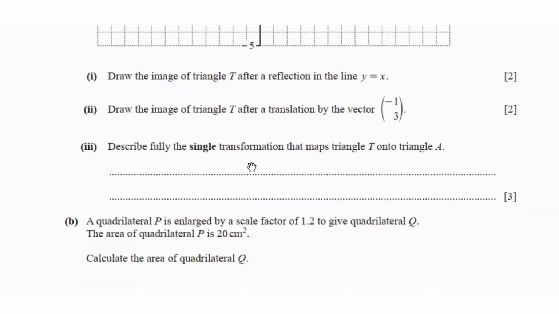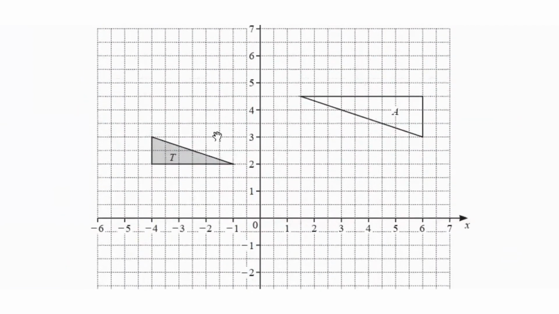Describe fully the single transformation that maps triangle T onto triangle A. So if we compare triangle T and triangle A, we can clearly see that triangle A is an enlargement of triangle T. So let's see what the enlargement scale factor is and what is the center of your enlargement.